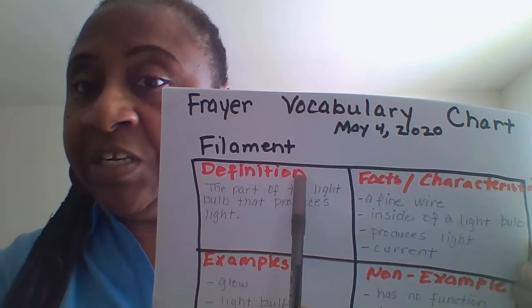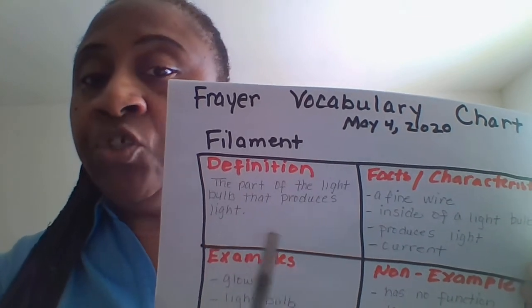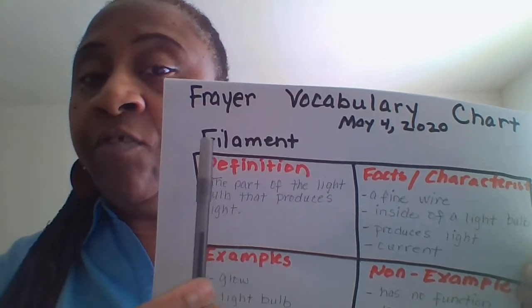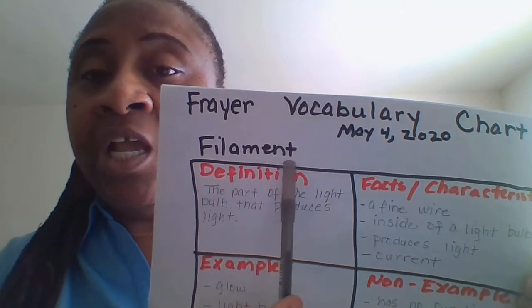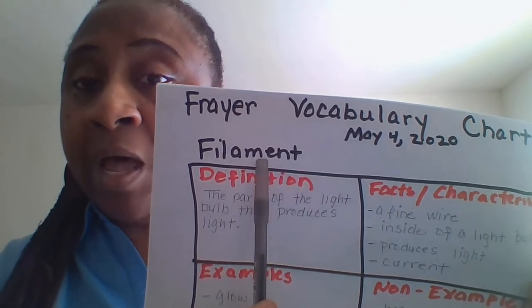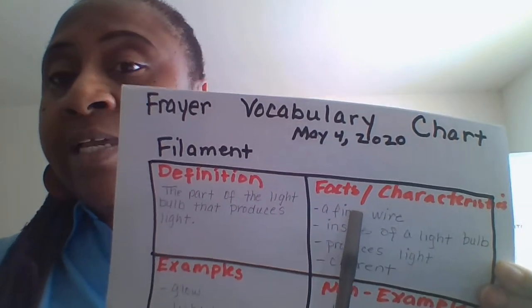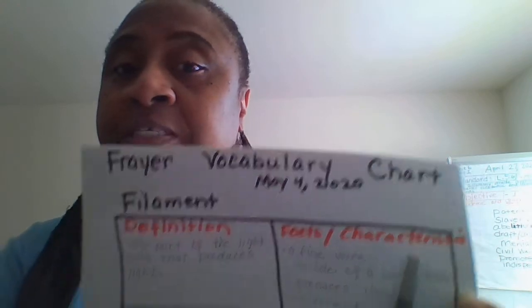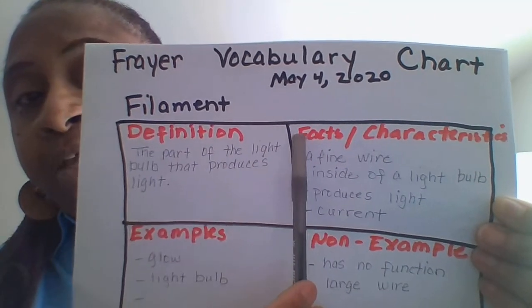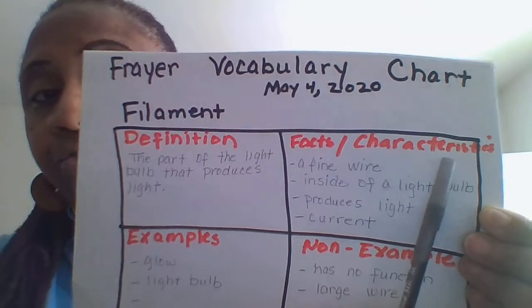definition. So in this box, you will give the definition for the vocabulary word that is listed above the box. The second category asks for facts and characteristics. So you would just type in facts and characteristics.